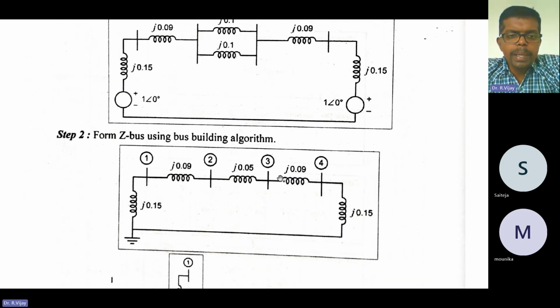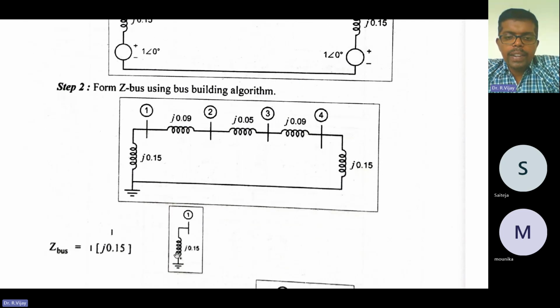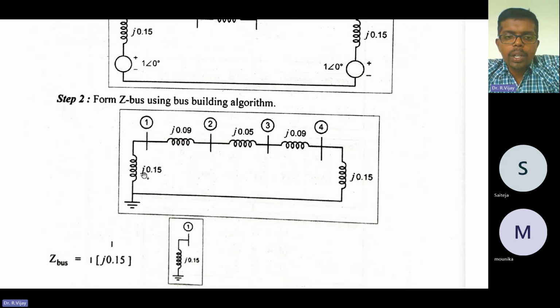What is the first step in the bus building algorithm? You need to choose a reference bus, and you need to choose a new bus. So the new bus is 1 now, and the impedance is J into 0.15. Impedance is equal to R plus JX.